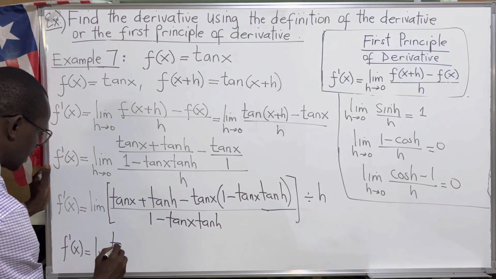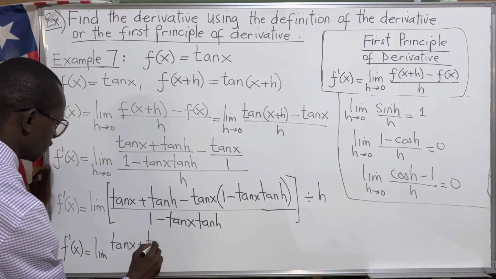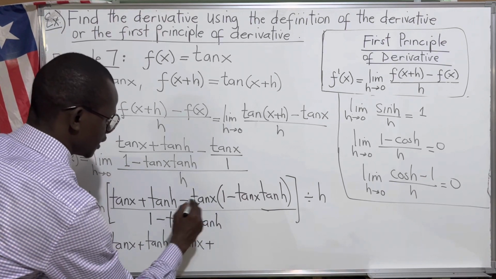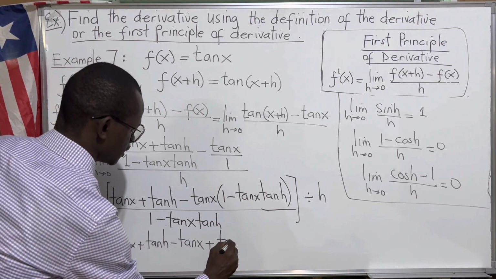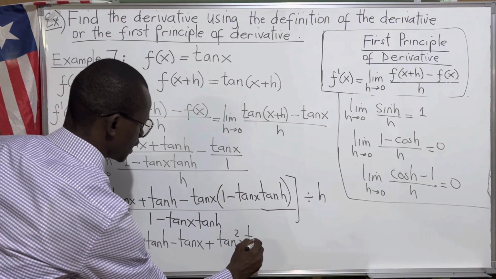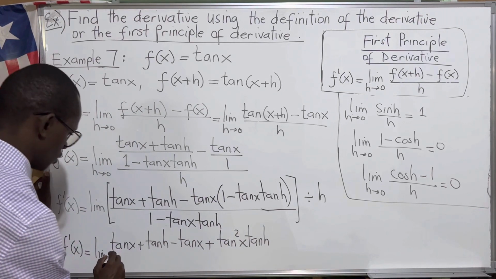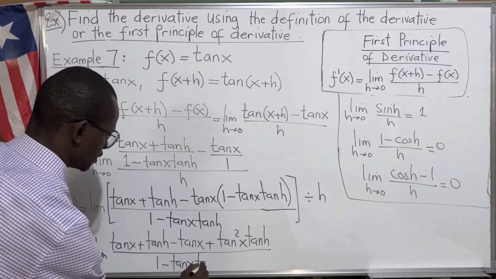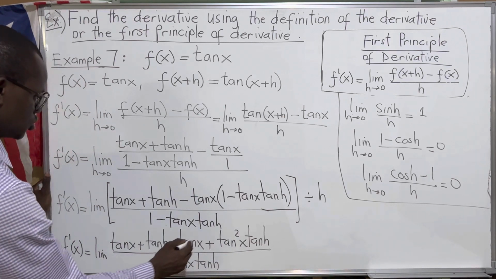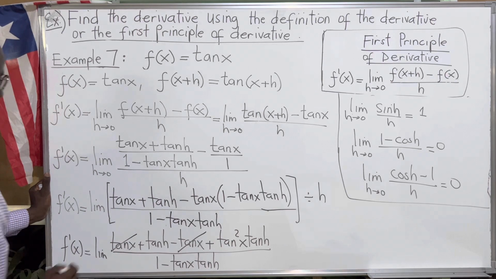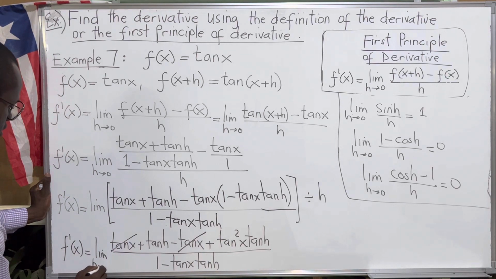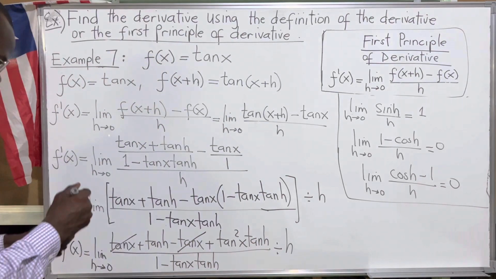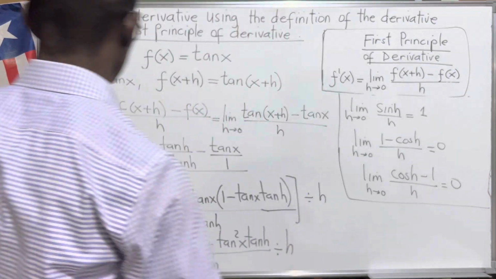We have tangent of x plus tangent of h minus tangent of x, plus, negative and negative is positive, tangent square x times tangent of h, all divided by 1 minus tangent of x tangent of h. Carry this out as h approaches 0.